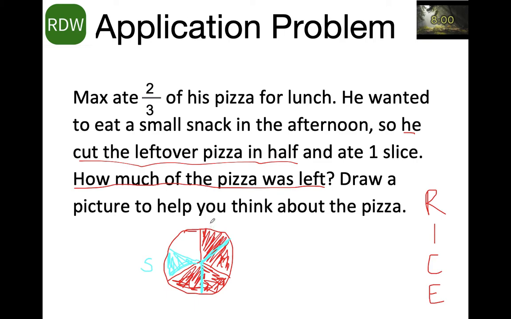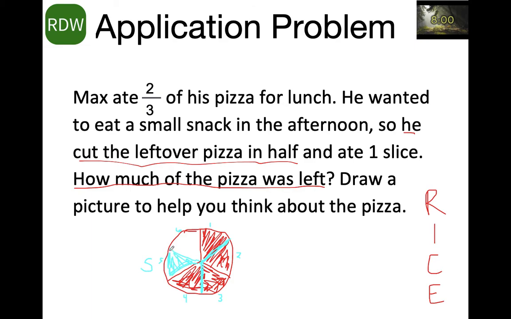We have 1, 2, 3, 4, 5, 6. So how many equal pieces would we have had if we had cut the thirds all into half? Then it would be 6. We would have been talking about 6.